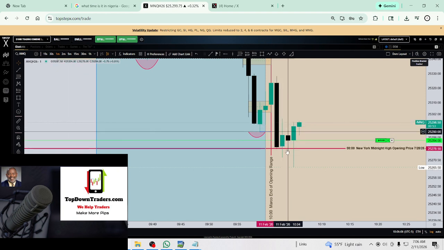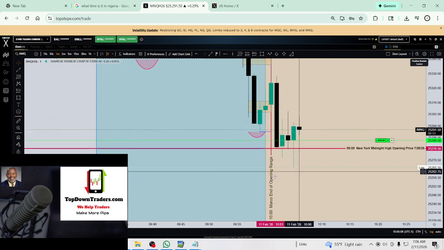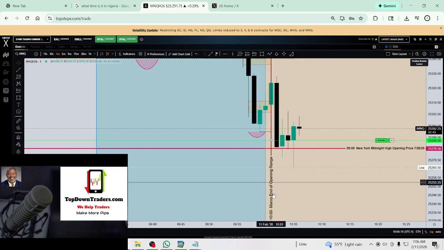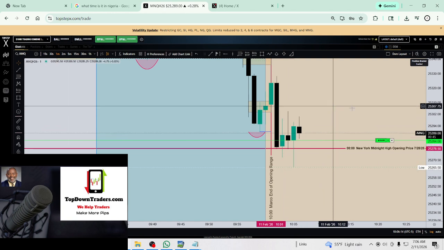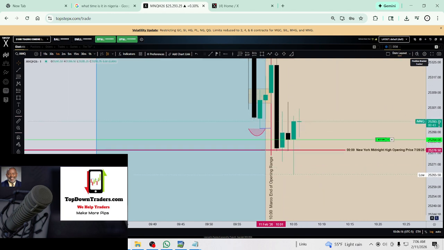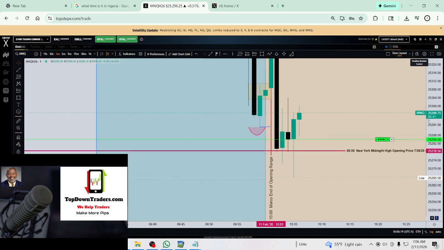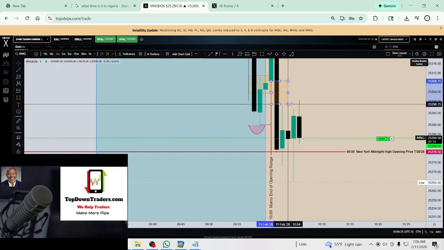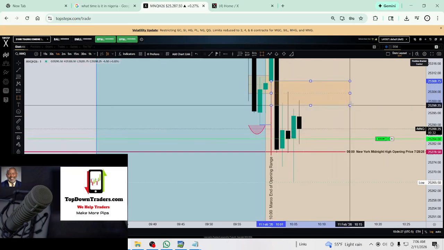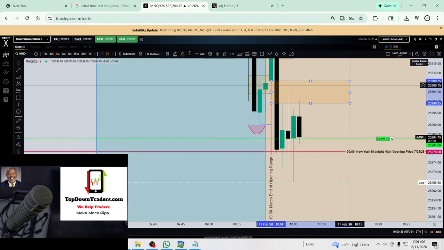I don't know when it did that, but I anticipated at 10 o'clock the price would go in the other direction. But I'm getting some rejection here on this 1 minute fair value gap, and that's a good sign. I'm not sure if that's accurate there, but it gives you an idea of what I'm looking at here and brings it to your attention.